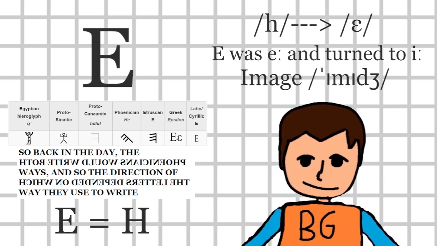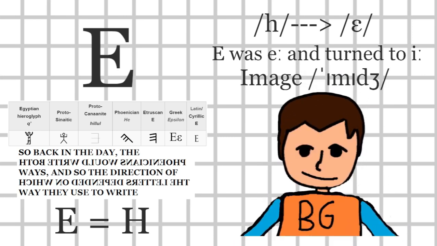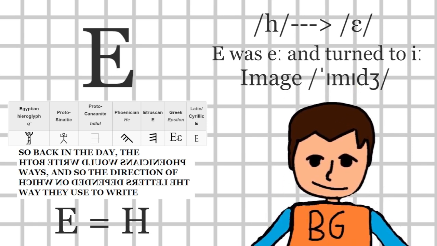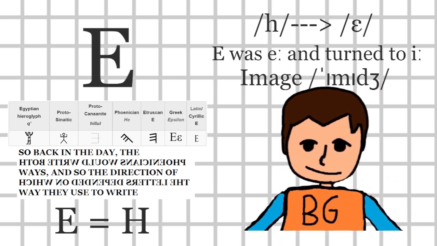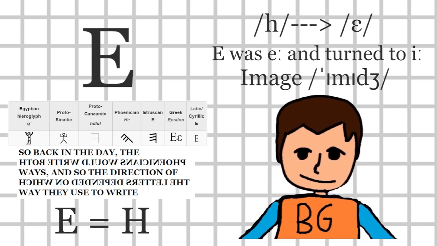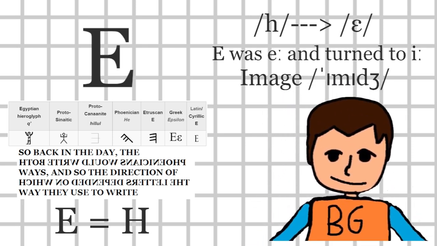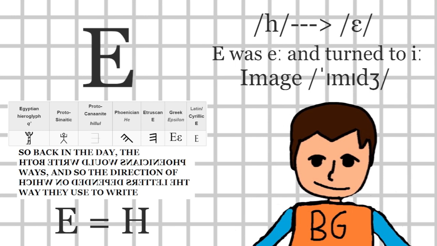So the word image would not be pronounced the old way anymore. Instead, it would be pronounced as we can see in the IPA pronunciation of the word. So basically, E just became silent at the end of words.